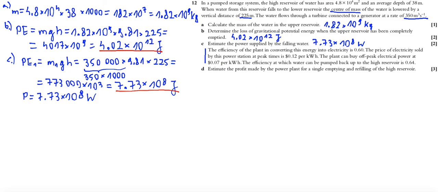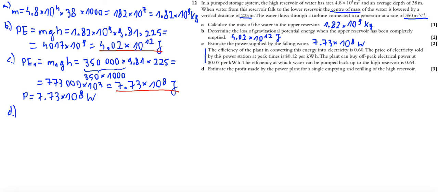Okay, so let's calculate the total cost of electricity if this high reservoir is emptied. Okay, so in D. So let's look. We know that the efficiency is 0.60, and the amount of joules is 4.02 times 10 to the power of 12.